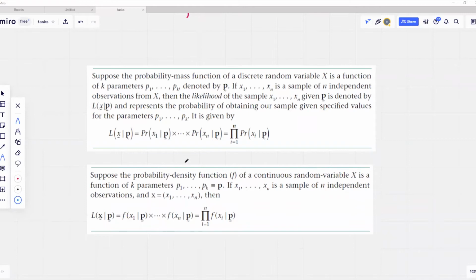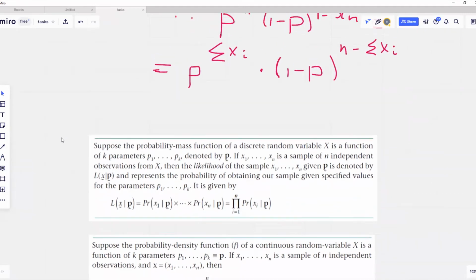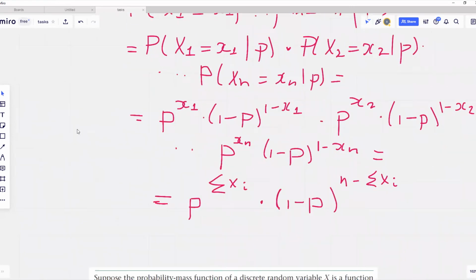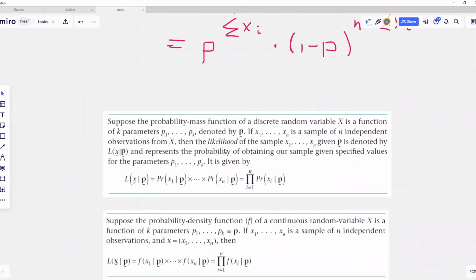All right, so the probability that we defined above, the probability of observed data given the value of parameter P, is known as the likelihood function.